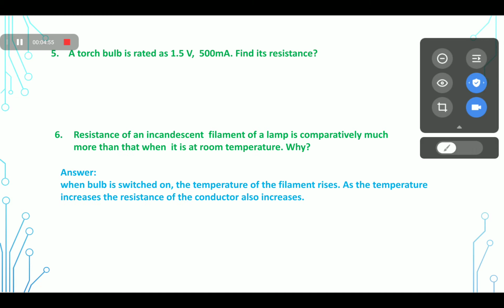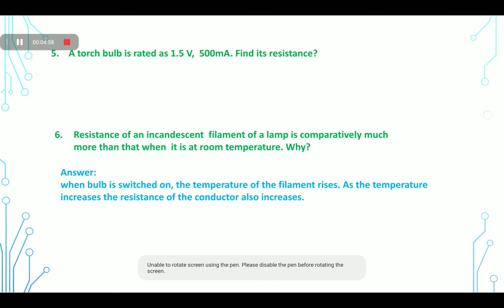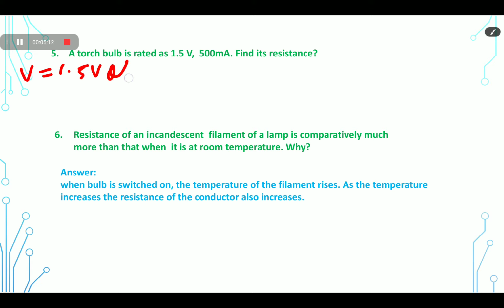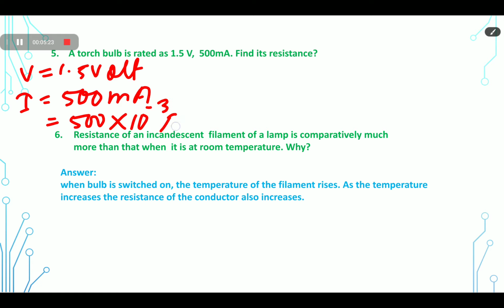Now in the next question, a torch bulb is rated as 1.5 volt and 500 milliampere. Find its resistance. So again, here voltage is equal to 1.5 volt and current is equal to 500 milliampere. That means 500 into 10 to the power minus 3 ampere.